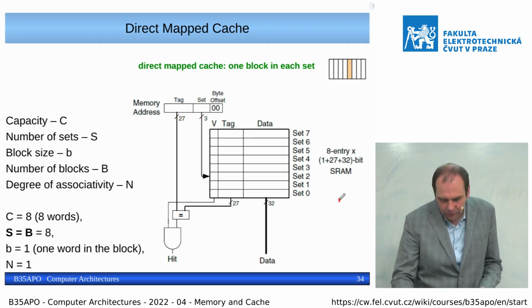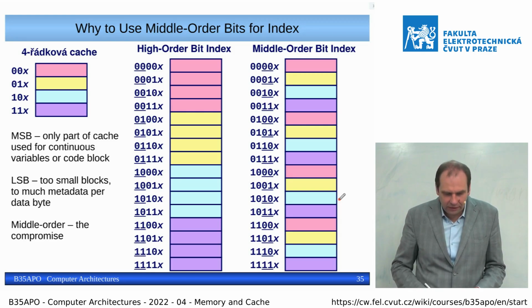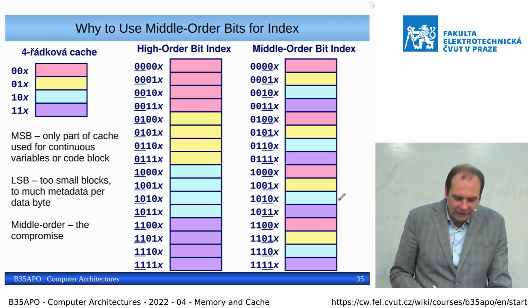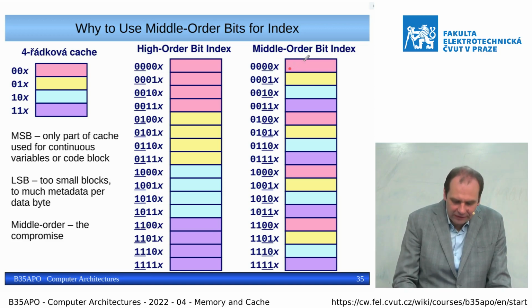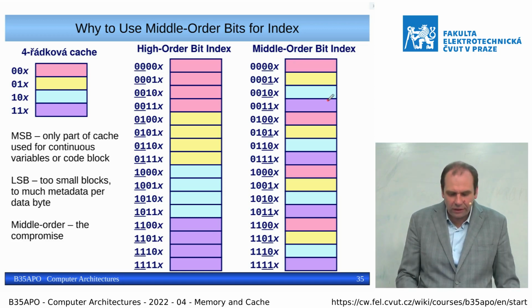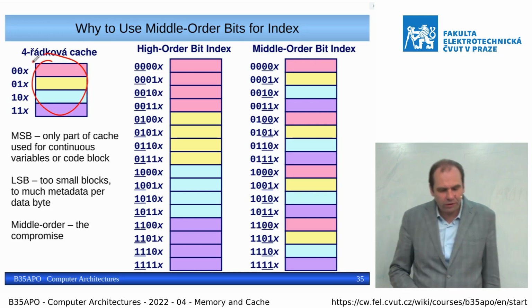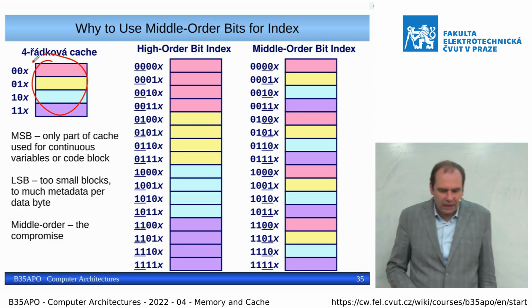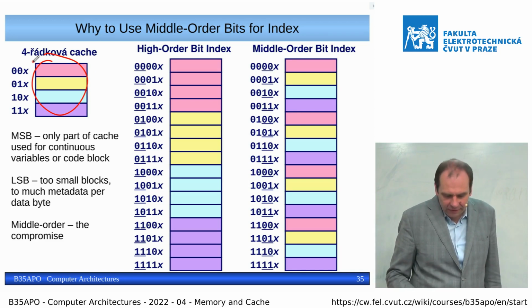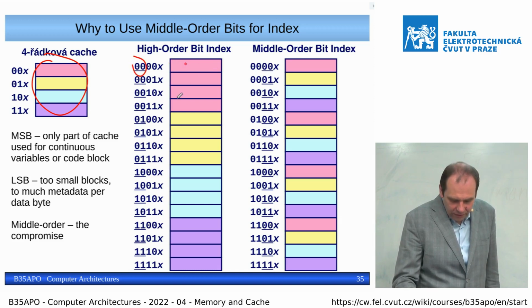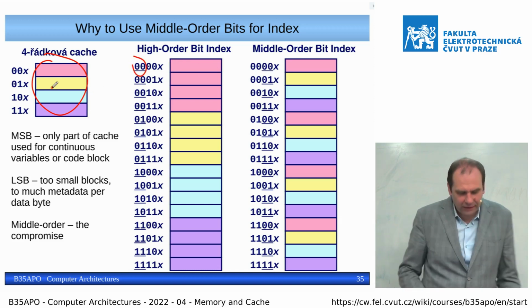I will try to demonstrate it later. And there is the question of how we decide to which row we store data in the cache. So if we have a cache which has only 4 rows, we can decide that we will use the most significant bit from the address to store the data into the cache.